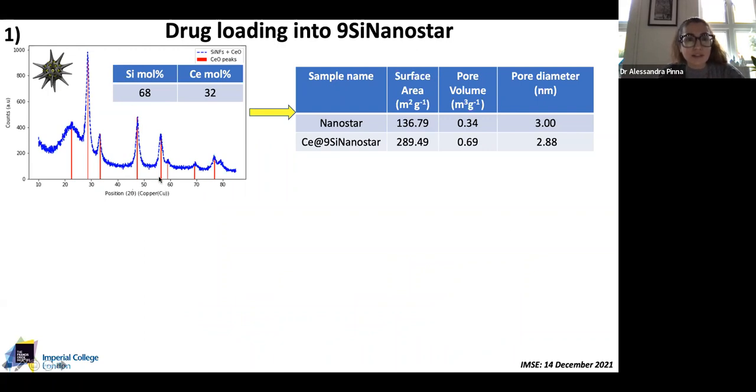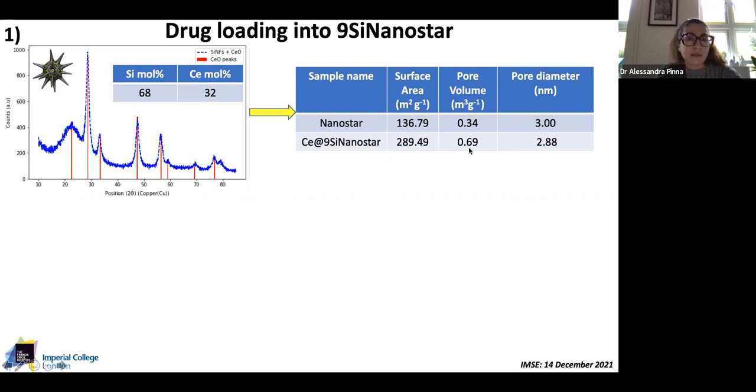After encapsulation, we measured the composition of these particles, which is around 68% of Si and 32% of cerium. Also, if we look at the surface area measurement, we can see an increase of surface area when we have the cerium oxide.